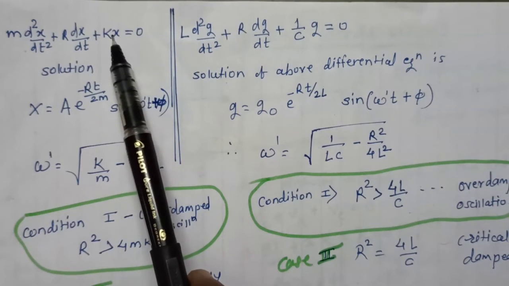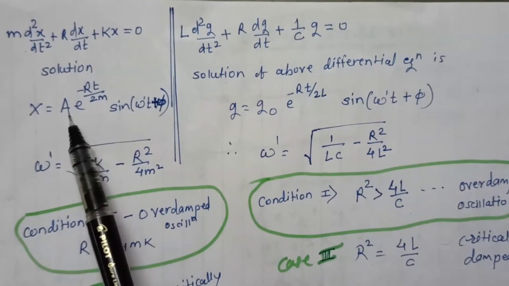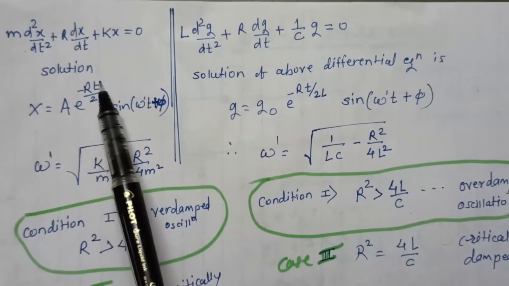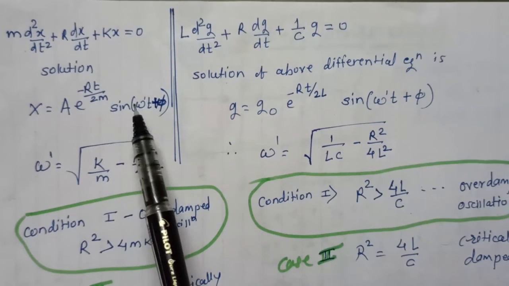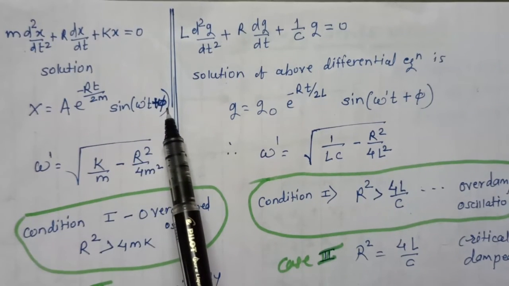Therefore, the solution is x is equal to A e raised to minus rt upon 2m into sine of omega dash t plus phi.